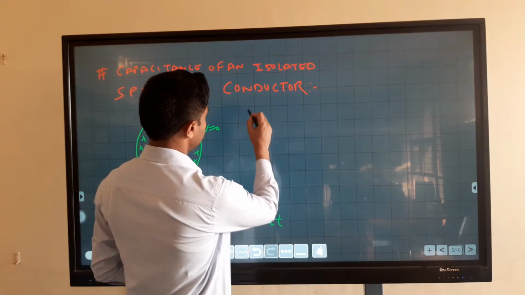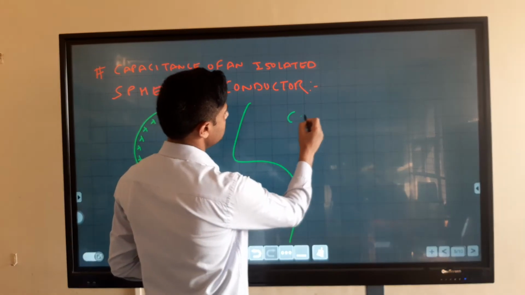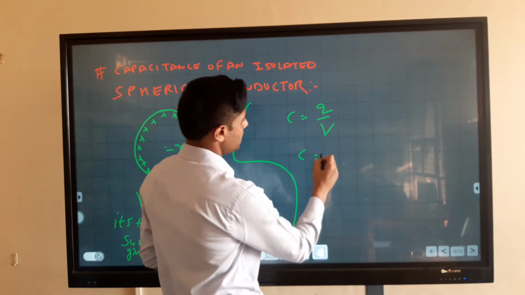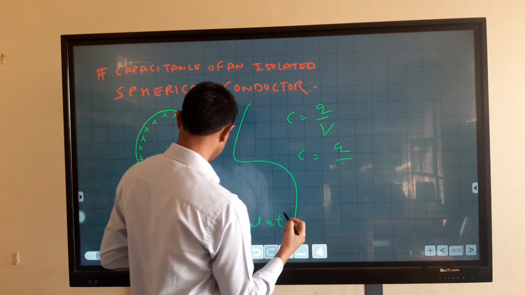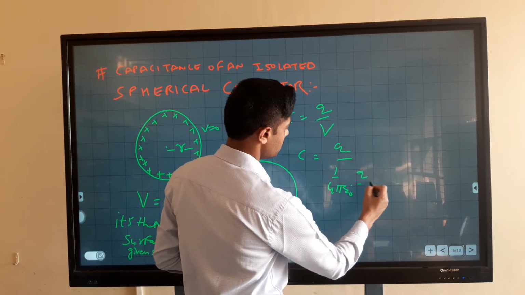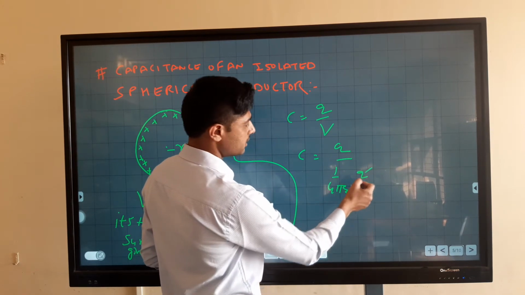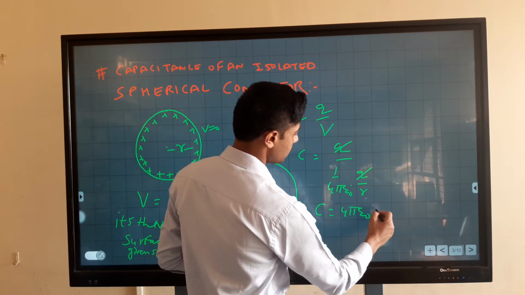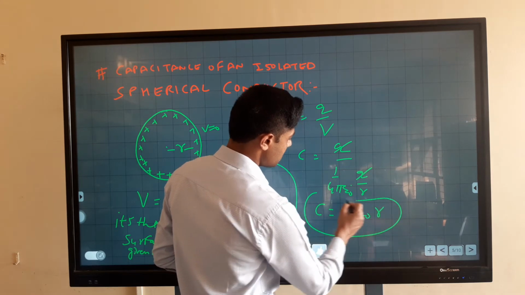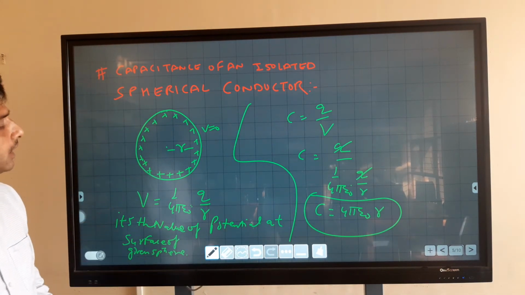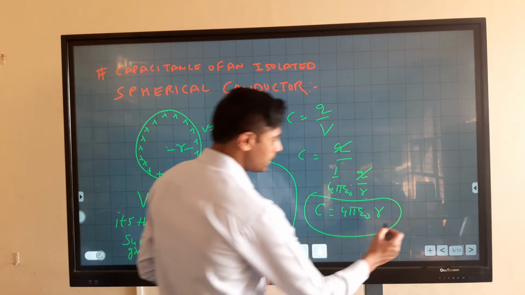As you know, C = Q/V, and the value of V is 1/(4πε₀) × Q/R. Then Q cancels by Q, so C = 4πε₀R. This is the capacitance of this spherical conductor in air.